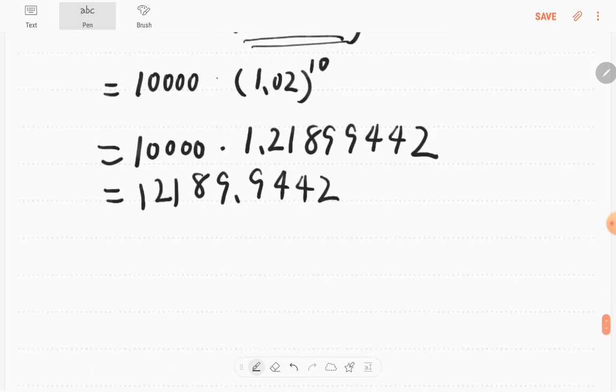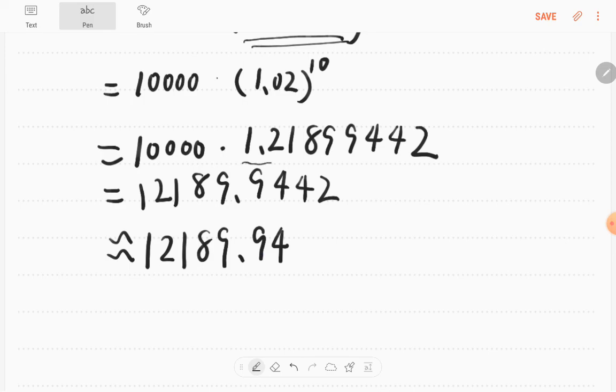We should include the cents. So this would be 12189.94 dollars. Okay. So keep as many decimals as possible during the calculation. Otherwise, you will have some errors on your final answer. Okay.